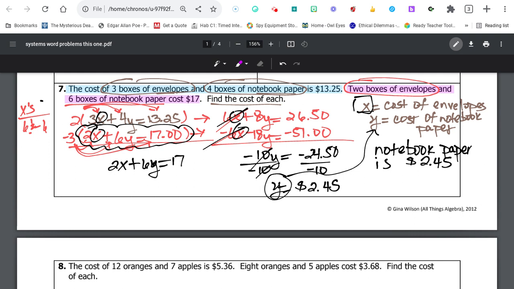I don't care what X you pick. All right, I'm going to put a Y of, because we know the notebook paper, which was Y, is $2.45. So let's just put that in. So I have 2X plus 6 times 2.45 equals 17. So 2X plus 2.45 times 6 is going to give us 14.70.